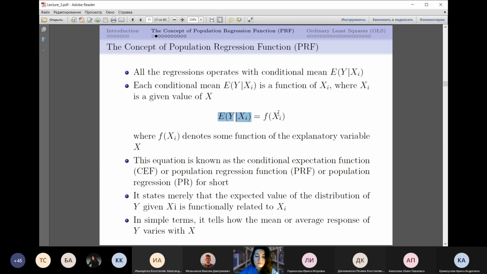And to find the population regression function, of course, first of all, you need to determine the dependent variable and independent variables. You should also understand how we can measure them, as well as the mathematical function, the relationship that can describe how the variables are related to each other.